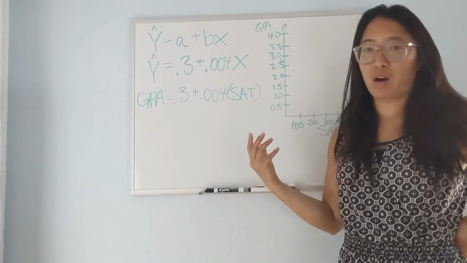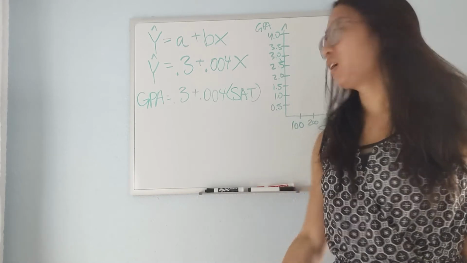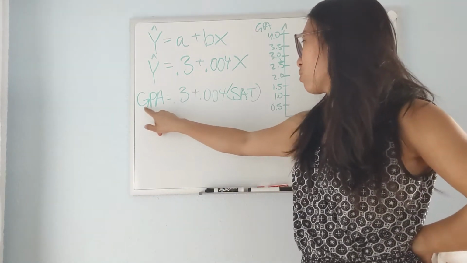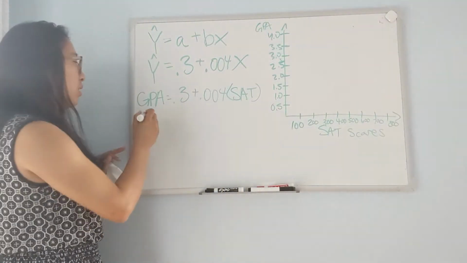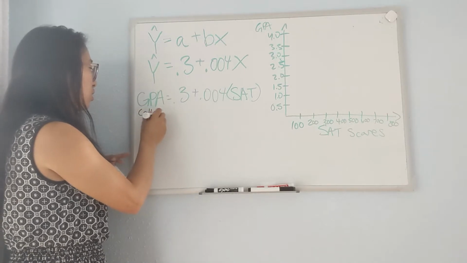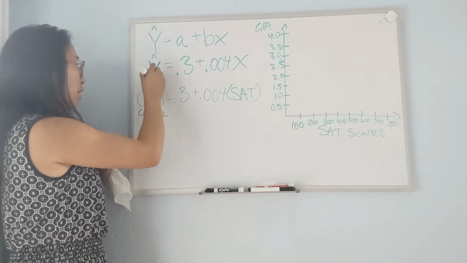When you write that out in terms of the predictor and the outcome measure, remember, I'm trying to predict GPA in college. So we're trying to figure out our outcome measure of y hat.